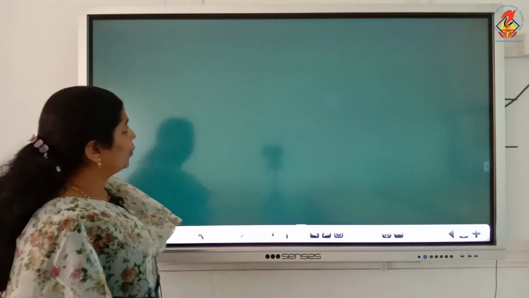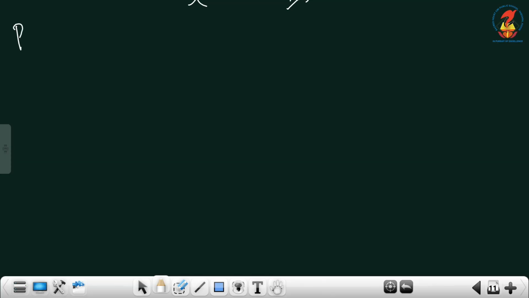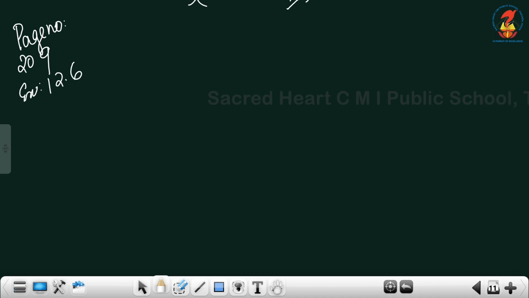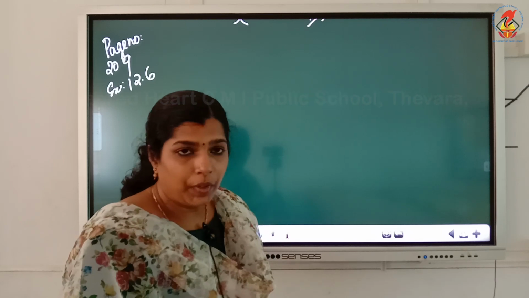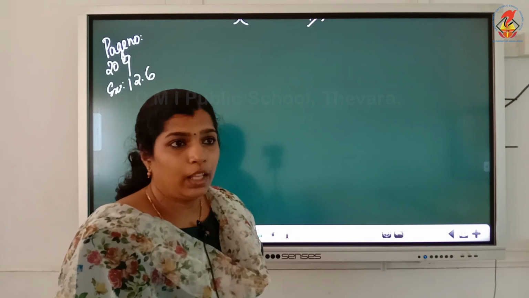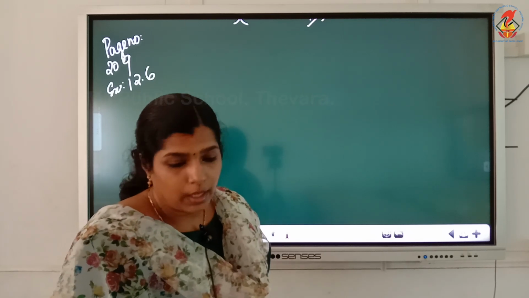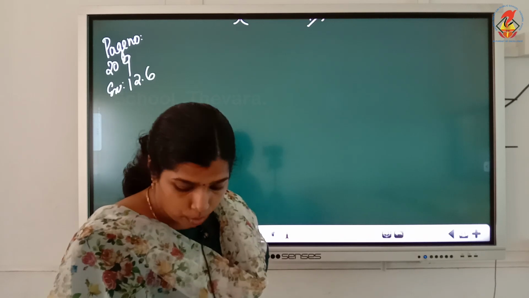So, for the first wire, page number 209, example 12.6. A wire of given material having length L and area of cross section A has a resistance of 4 ohm.